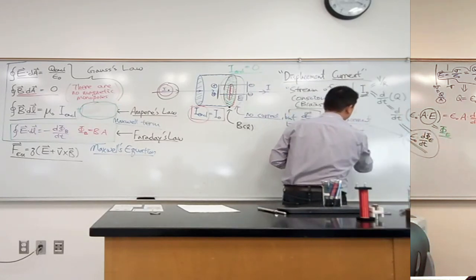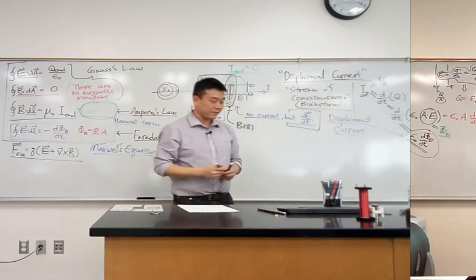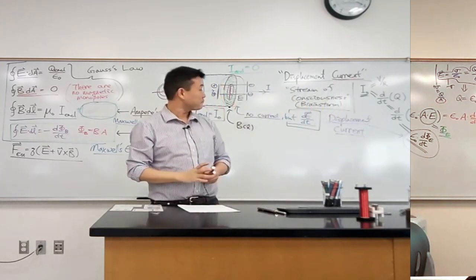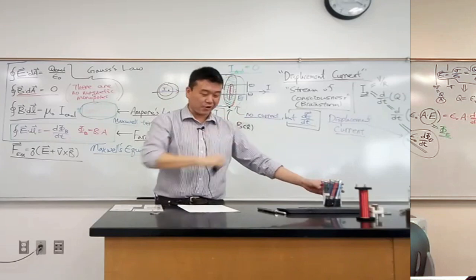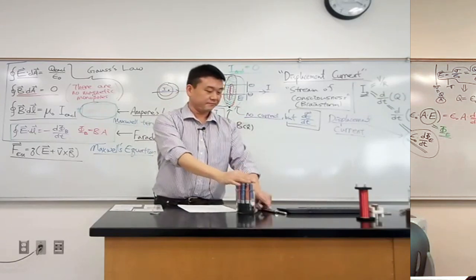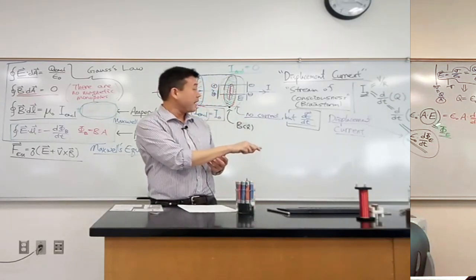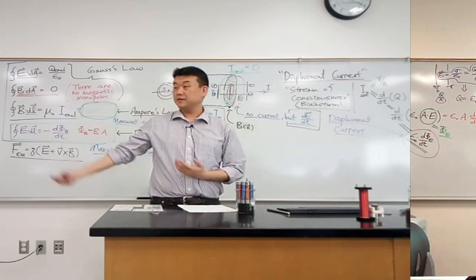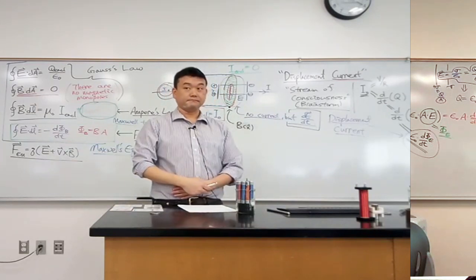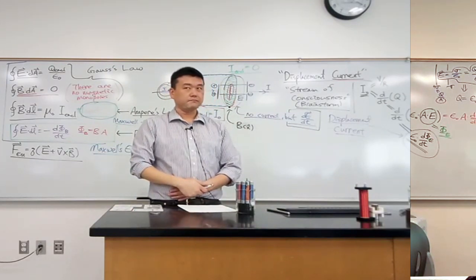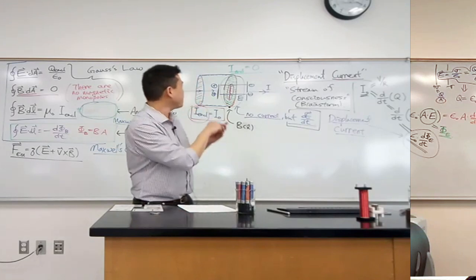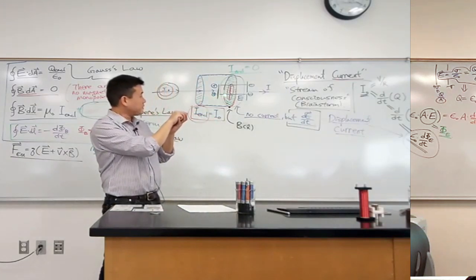And this is probably a good place to ask this question. In what sense is that like a current? In what sense is the rate of change of electric flux like a current? Is there a movement of charge involved through this surface?